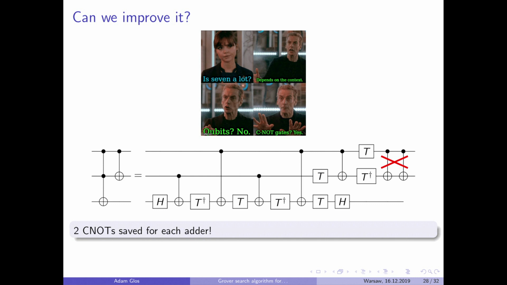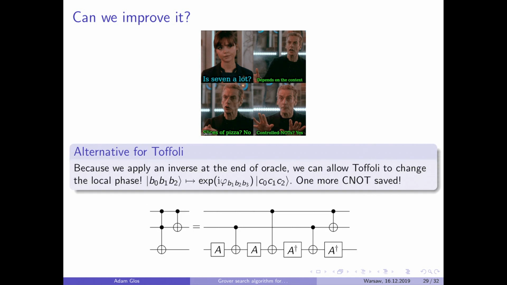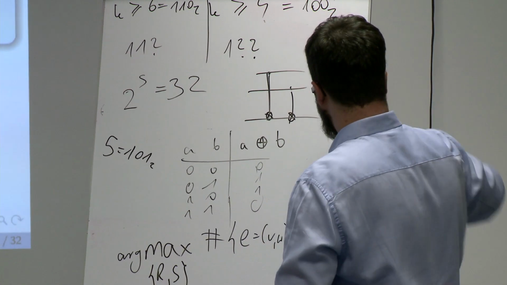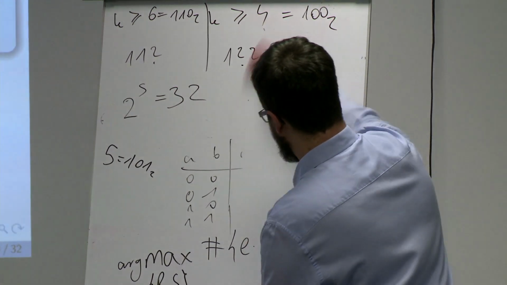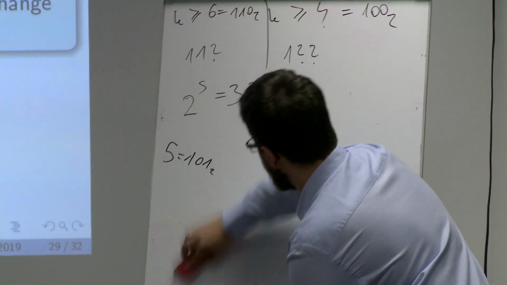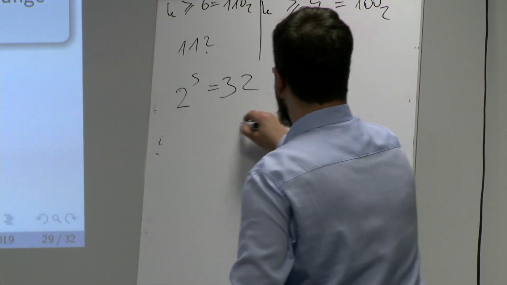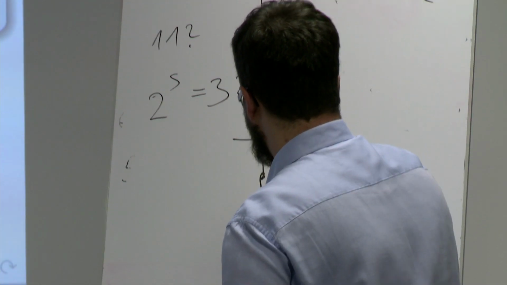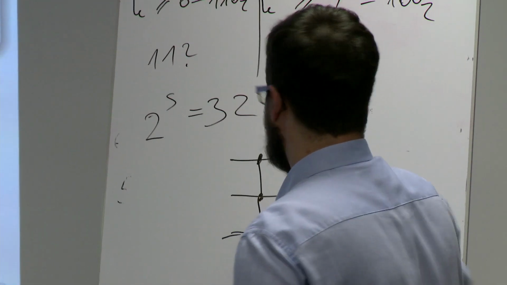The last simplification that I will show you today is, I would say, the most tricky one. It comes from the fact that we actually do not need to preserve our local phases. What's happening here? Suppose that we have our Toffoli gate.